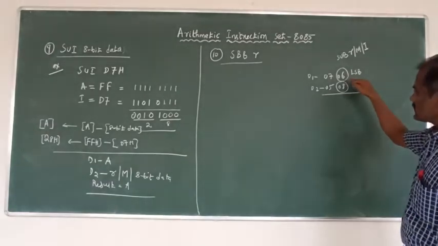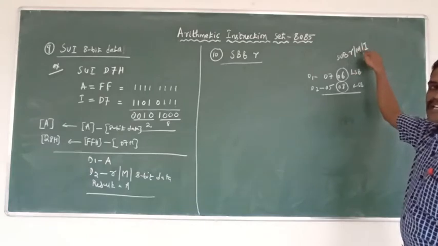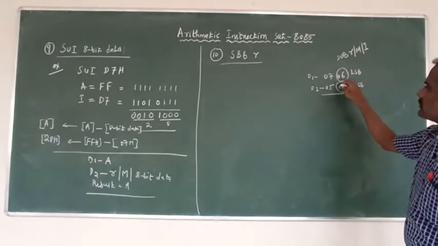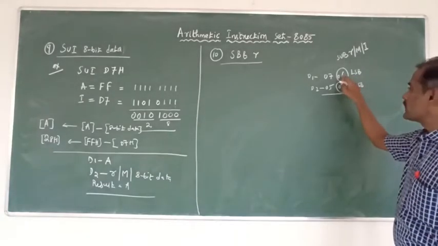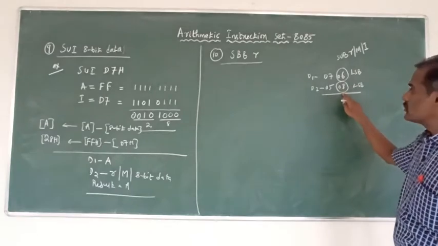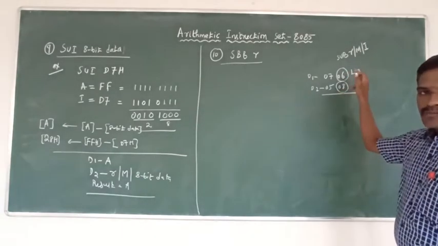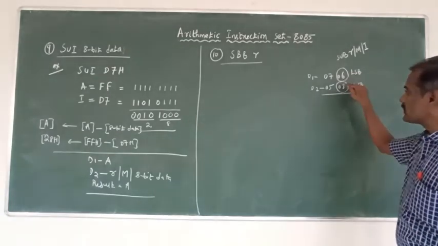Now to subtract these two, we can use SUB with a register, memory or immediately given 8-bit data. Now 06 minus 08, we cannot subtract, so accumulator data minus register data. The accumulator data should always be larger, so we cannot subtract.